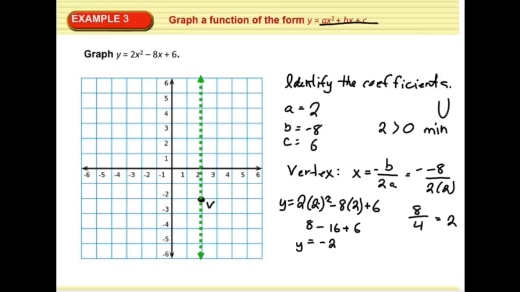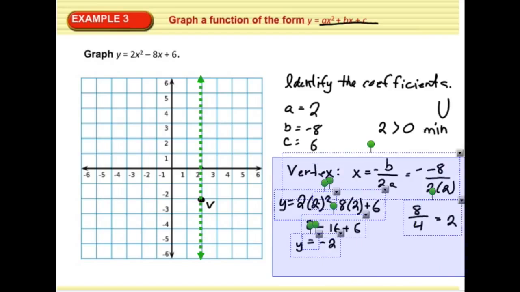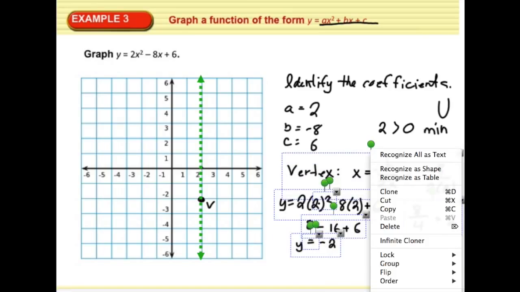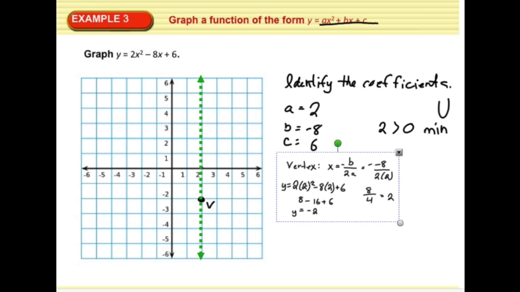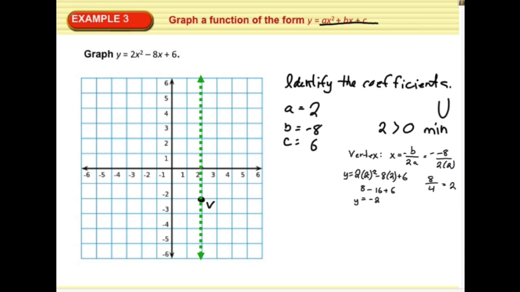Now you can solve for some other coordinates. And the way you can do this is by using an input-output table and substituting into the function. I know some people like to track their coordinates in a table. Personally, I don't mind. It's whatever I'm in the mood for.